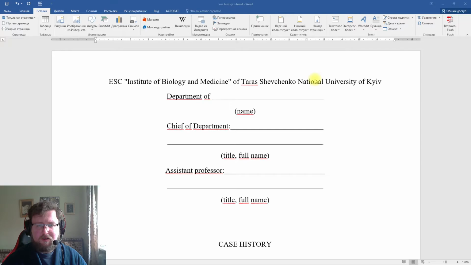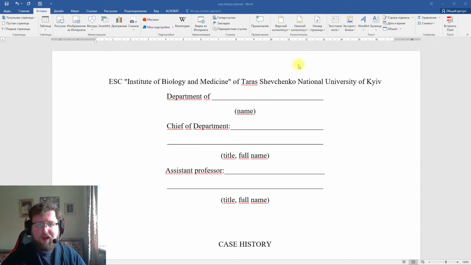First, a little overview of what you are going to do. Each one of you, each student of every group, is going to write your own case history. It means that I'm going to give you a case of a surgical disease, and you will have to write by your own hand a case history for each and every patient you imagine.